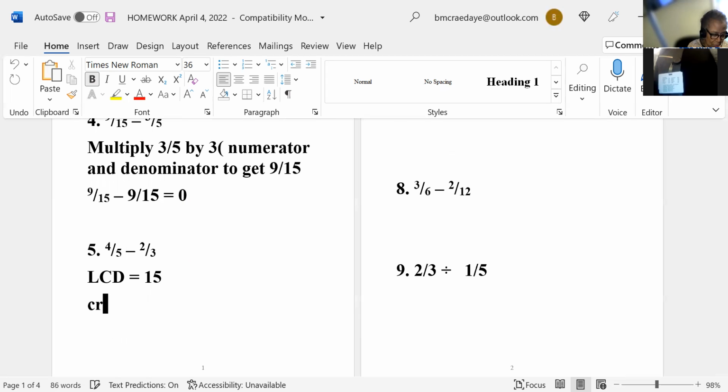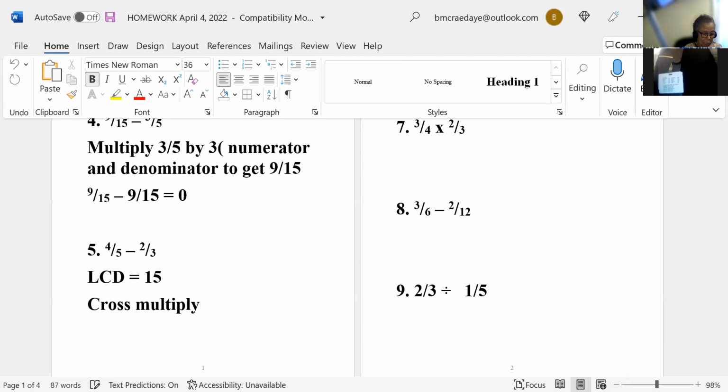That's right. So they cross multiply. Okay, cross multiply. And you said 3 times 5 is 15. And then the other one is what? 3 times 4 is 12, because it's denominator times numerator, so that would be 12.